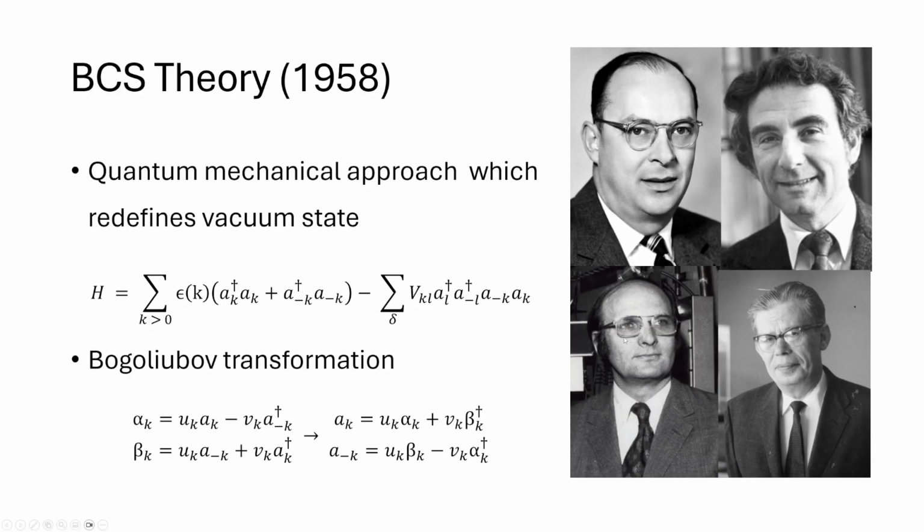Technically they did it in 1957, but this guy over here, Nikolai Bogolyubov, helped it along in 1958. And as you'll notice, Bogolyubov transformations are a very important part of the theory. So, a quantum mechanical approach here.